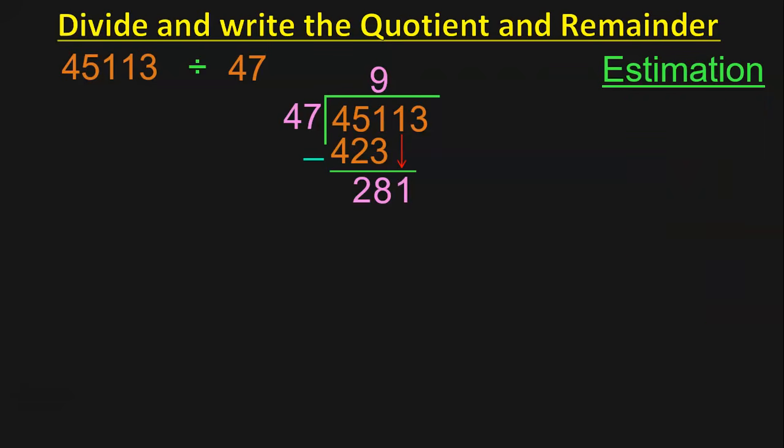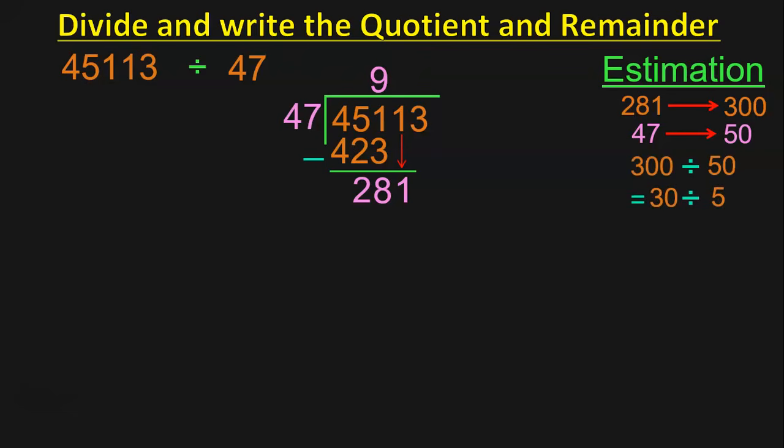Now we have to divide 281 divided by 47. We have to find out how many 47 is required to make 281. So let us use the same estimation technique. Rounding off 281 to the nearest hundreds will give you 300. Rounding off 47 to the nearest tens will give you 50. So 300 divided by 50, which is nothing but 30 divided by 5, which is equal to 6.